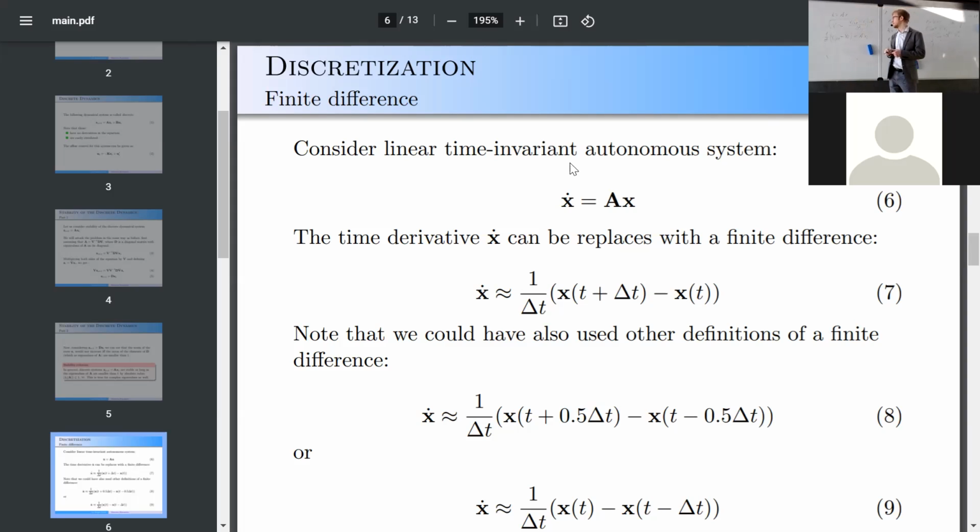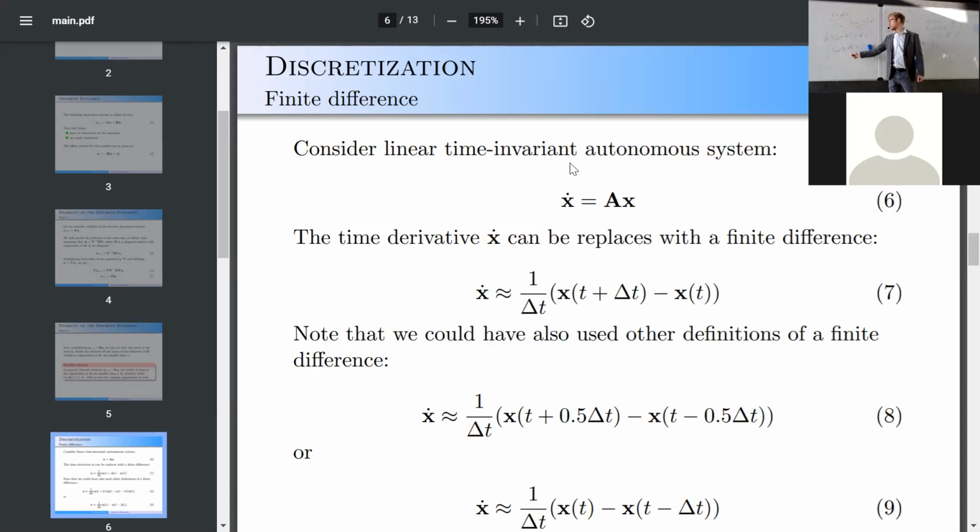Now let me try to isolate this guy, x sub i plus 1. What I will get, I will first multiply everything by dt. dt is non-zero, obviously, so you can multiply. You will have x sub i plus 1 minus x sub i equal to A x_i dt.